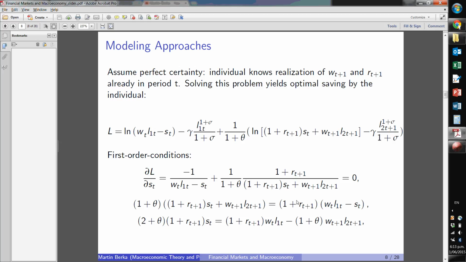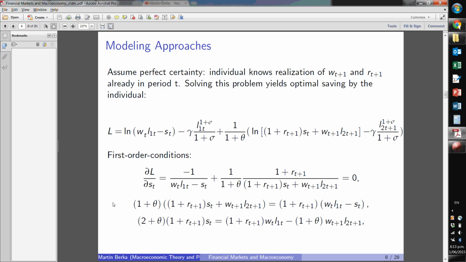Alright, so if we assume perfect certainty, then we can just optimize this, right? I substituted away consumption in period 1 and consumption in period 2, and that eliminates C1 and C2 as maximands, but we nevertheless still have several variables that we need to maximize. Well, no, we need labor as well. So 3 variables we need to maximize with respect to, taking prices as given. The first order condition for savings is just the partial derivative of the Lagrangian expression with respect to savings.